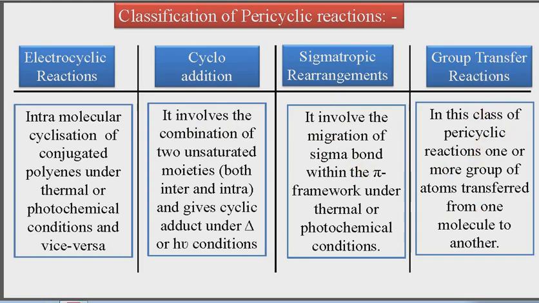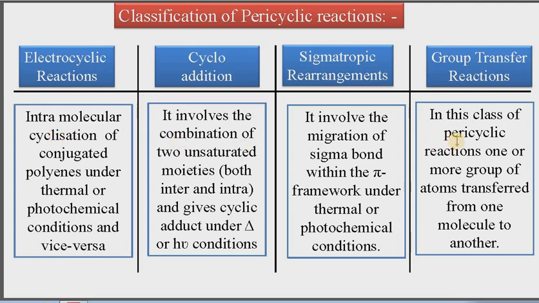And the fourth class of pericyclic reactions is group transfer reactions. It is a reaction in which one or more groups or atoms transfer from one molecule to another molecule. In this reaction, both molecules are joined together by a sigma bond.